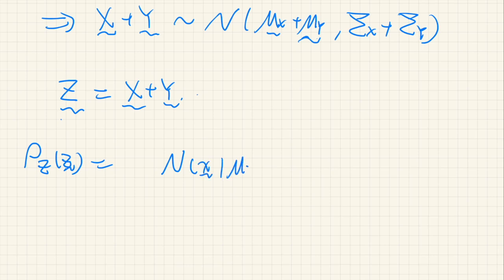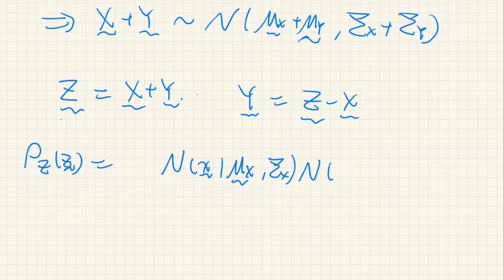X follows a normal distribution with mean mu x and covariance sigma x, and for the density function of y, let's say y is z minus x. So we fix the value of z and move the value of x, and the value of y is determined by this. So it's z minus x, given the mean mu y and covariance sigma y.